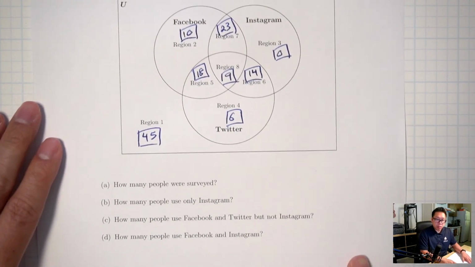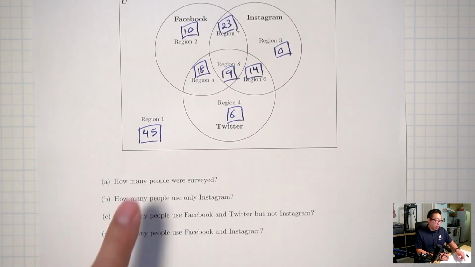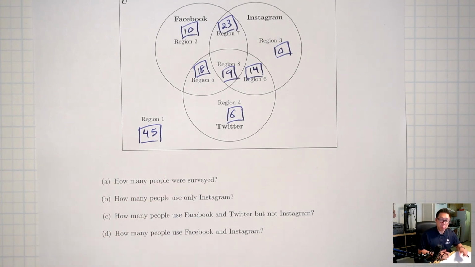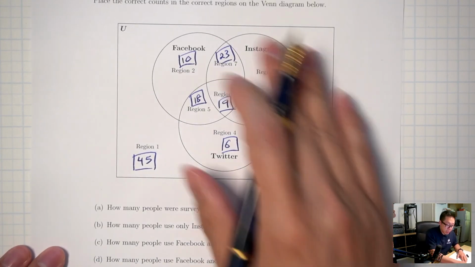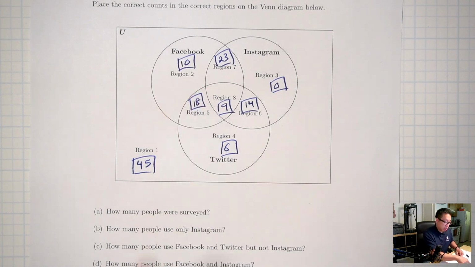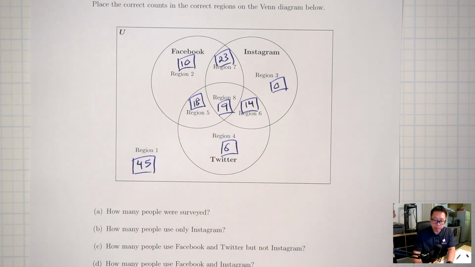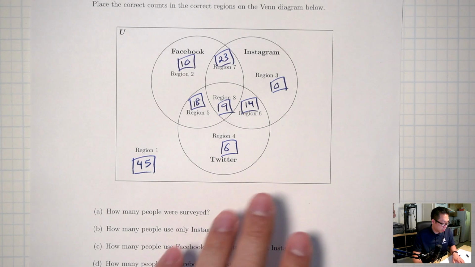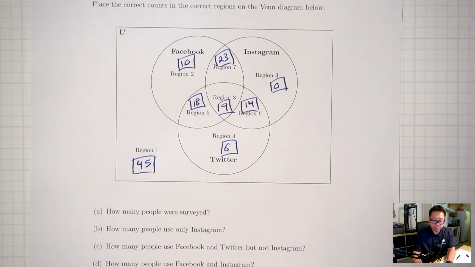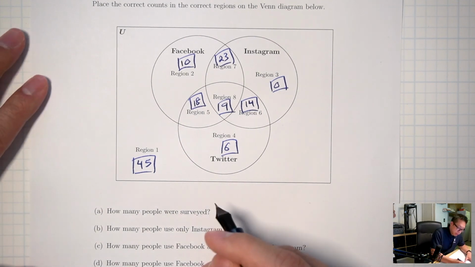All right, so now we're going to answer the questions. How many people were surveyed? That's referring to how many people total, so just add up all the numbers. 10 plus 23 plus 0 plus 18 plus 9 plus 14 plus 45 plus 6. Add up all the numbers and it's 125.